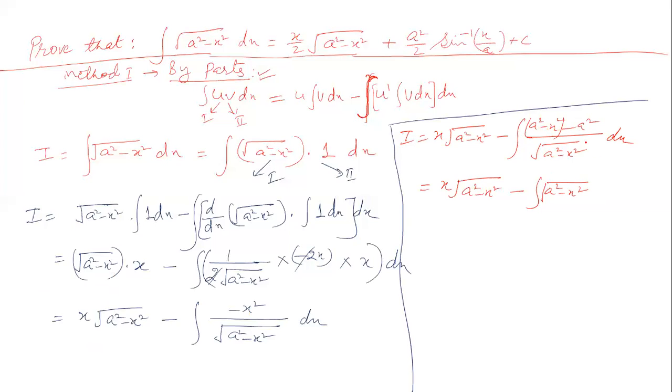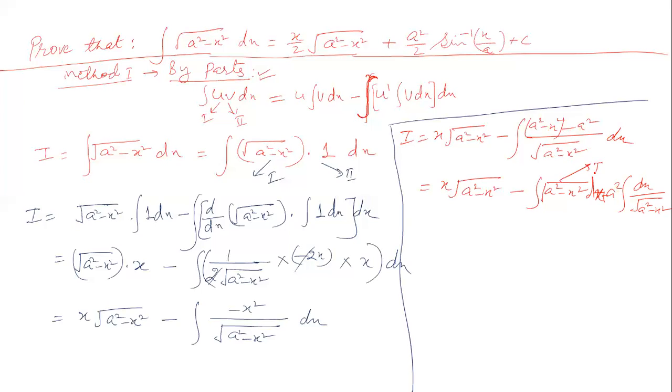Then minus minus plus a square and dx upon square root of a square minus x square. Minus minus plus, a square will remain as it is, dx upon square root of a square minus x square.